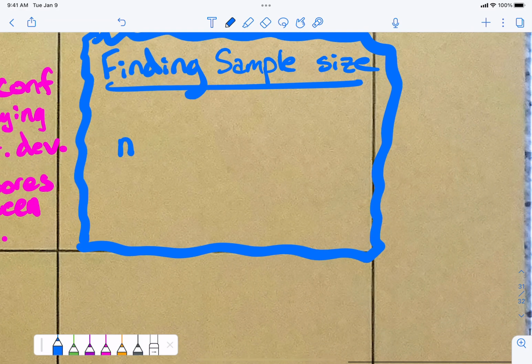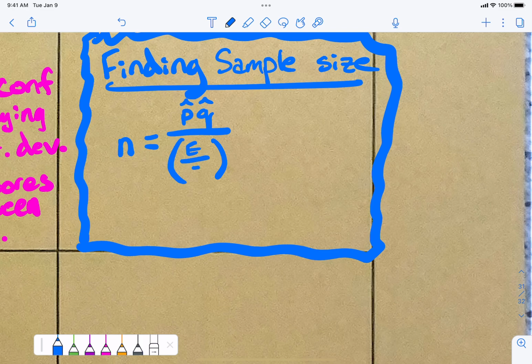N equals the formula that we just had. P hat Q hat goes on the top. On the bottom, it's E over Z, that thing squared. Keep in mind that whole bottom needs to be squared before you divide it. That's how you find the sample size if you're given everything else. If P and Q are unknown, use 0.5.